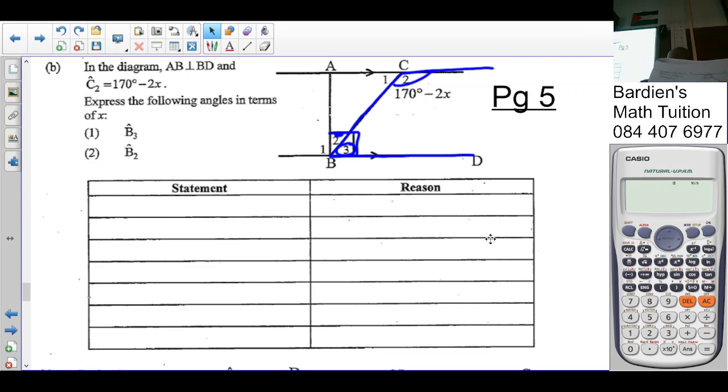Now that is right. Now you say 10 plus 2x plus B2 equals what? 90. Given. Then you write B2 like B1, B3.